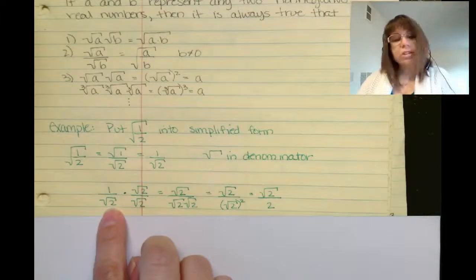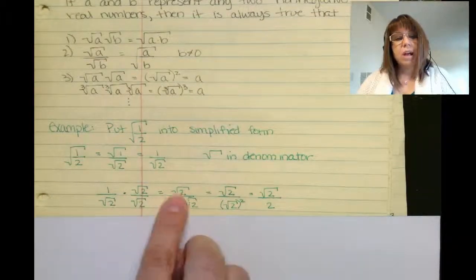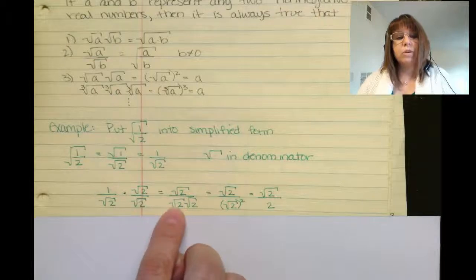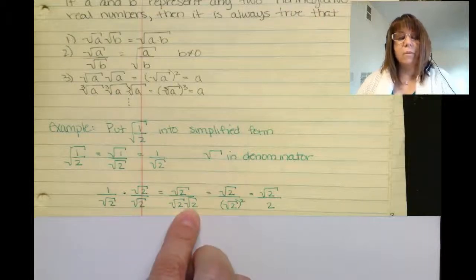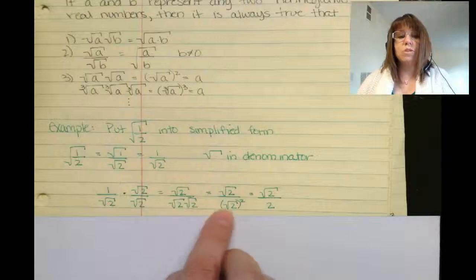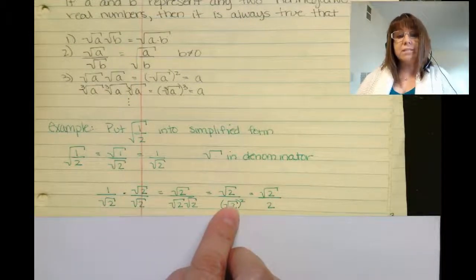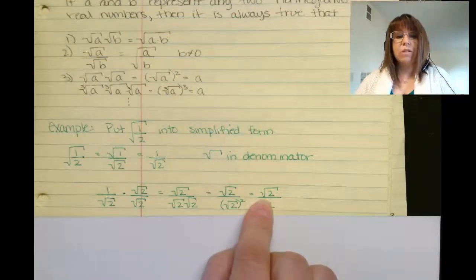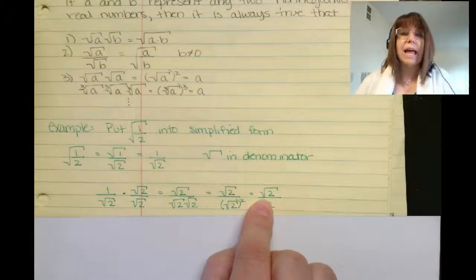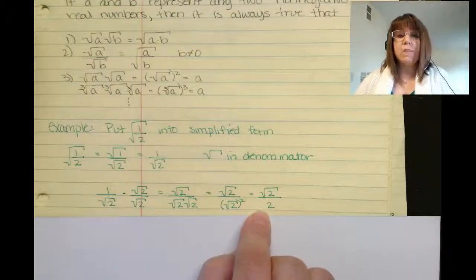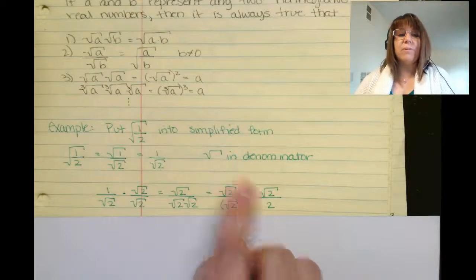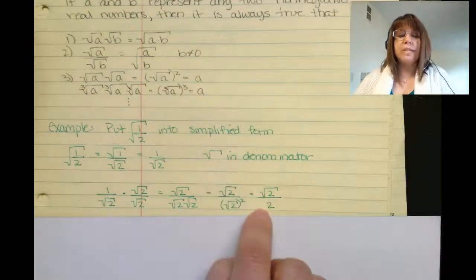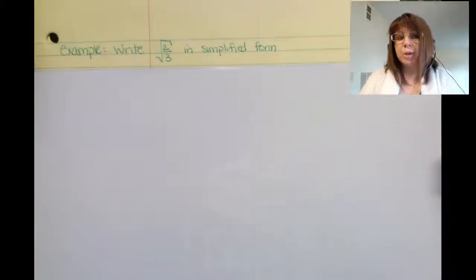So if I multiply both the top and the bottom by square root of 2, I have a square root of 2 on top and a square root of 2 times the square root of 2 for the denominator. But the square root of 2 times square root of 2 is square root of 2 squared, and that leaves me with 2. Now, yes, there's still a radical in the numerator, but that's allowable. It is where it's in the denominator that is not allowable. So from square root of 1/2, its simplified form is going to be the square root of 2 over 2.